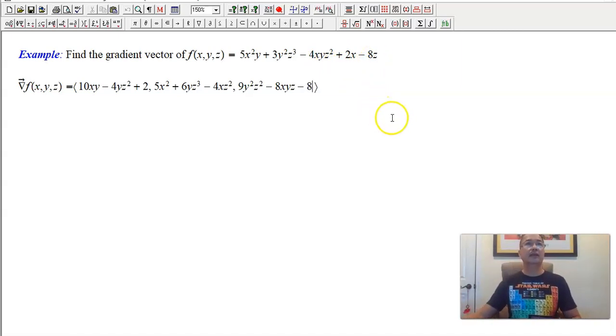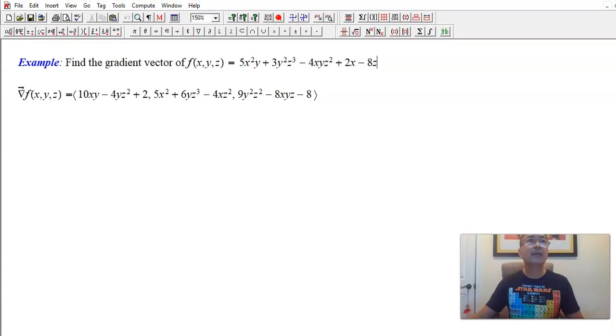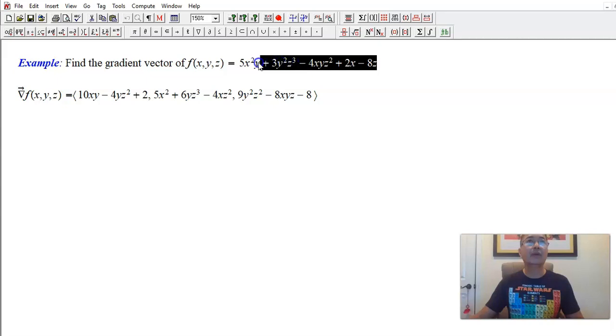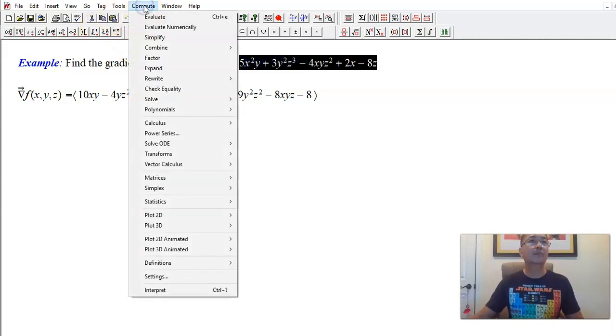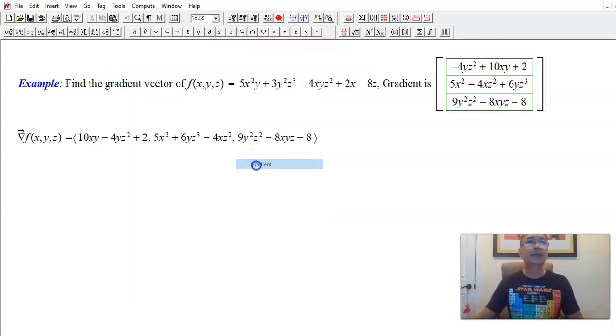Okay, so that is our gradient vector, and I'm showing you my menu over here. Actually, let me go a little bit lower, because we can check our work. Let me highlight that function. We go compute, vector calculus, gradient. Okay, am I right?